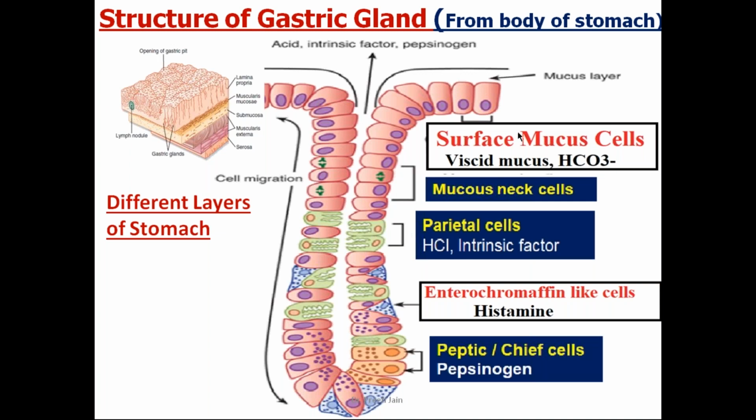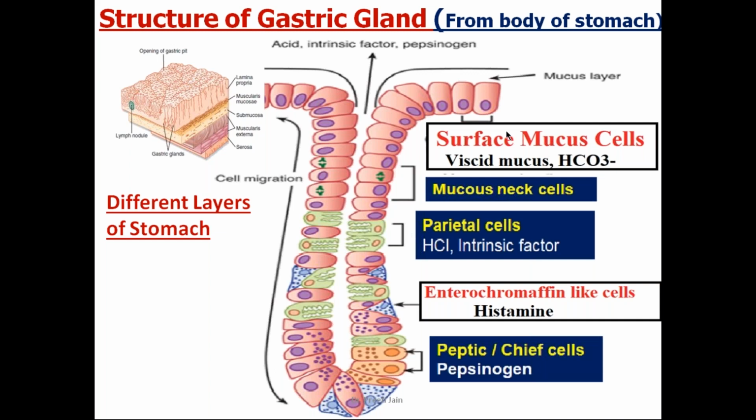Here you can see that the gastric gland, as I told you, has three types of cells: the mucous neck cells, the parietal cells, and the peptic or chief cells. Now, all these glands also have surface mucous cells. Surface mucous cells secrete viscid mucus and bicarbonate ions. This mucus is different from the mucus secreted by the mucous neck cells. So there are two types of mucus secreted in the stomach.